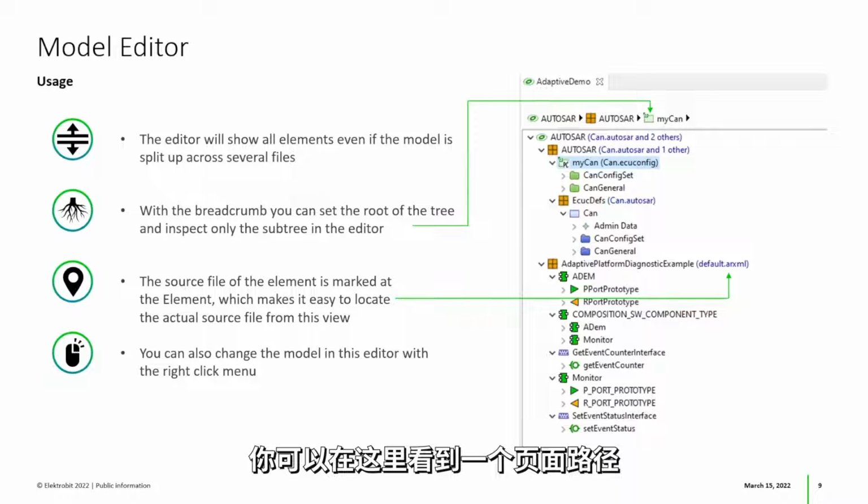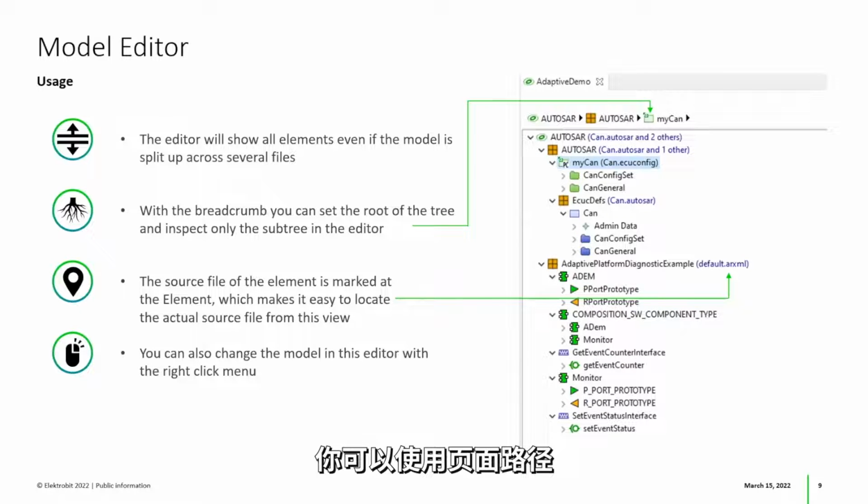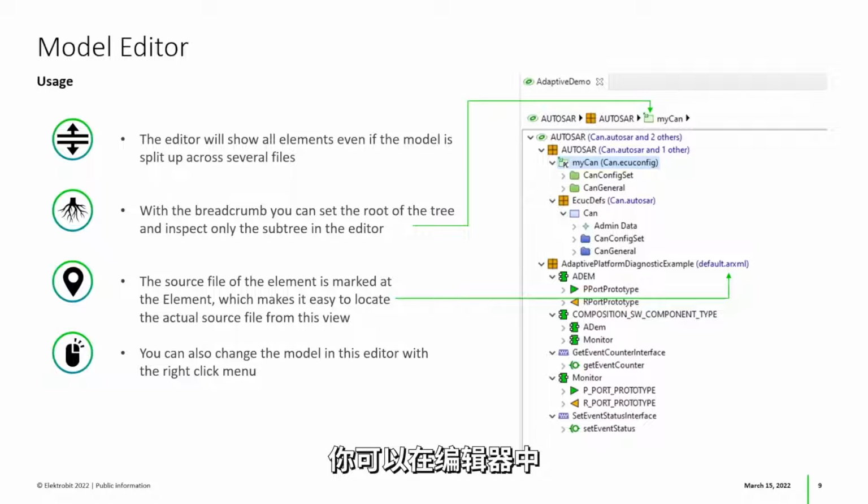There is a breadcrumb. You can see it here, and I will show it shortly in the example. With the breadcrumb, you can limit your view to a subtree in the editor. So you can set the root of the shown tree in the editor to inspect parts of the model.